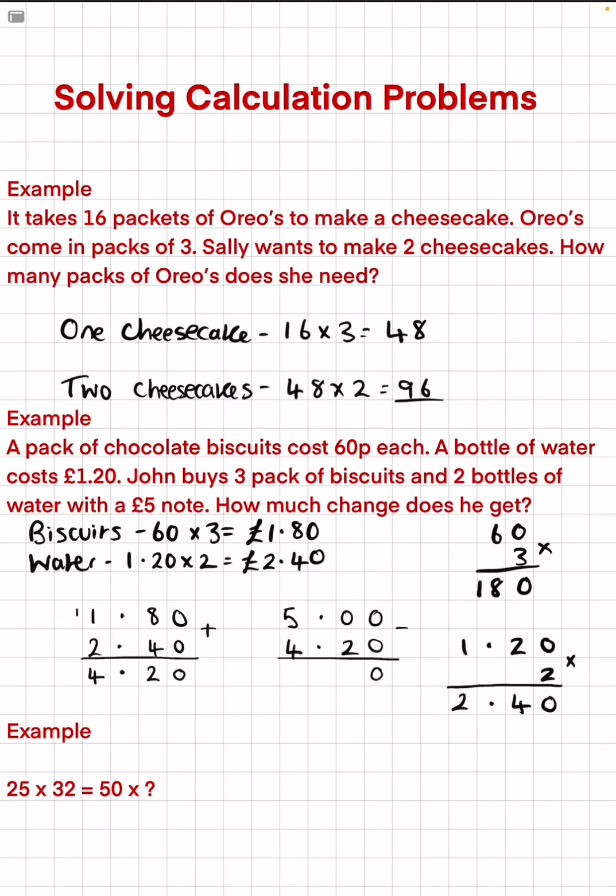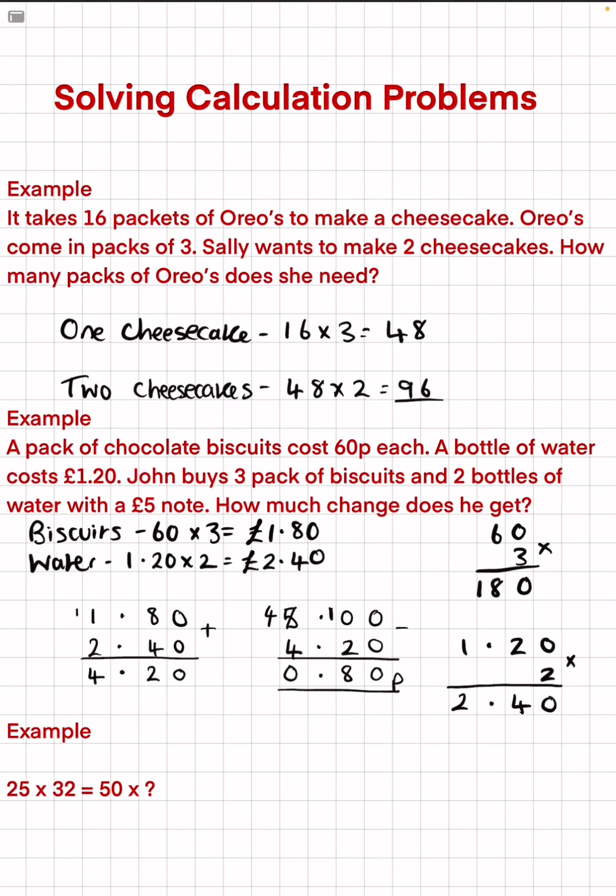So we need to borrow from the next column. We're going to borrow 1, so 5 minus 1 is 4. And we're going to put 1 here. Now we've got 10 minus 2, which is 8. Remember to put the decimal point down. 4 minus 4 is 0. So the answer is 80p.